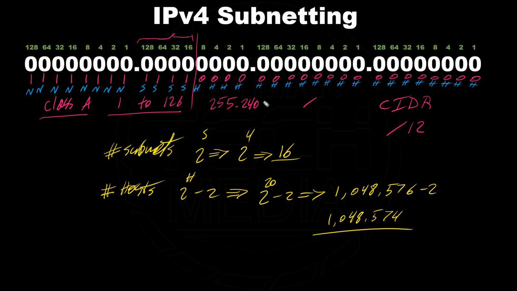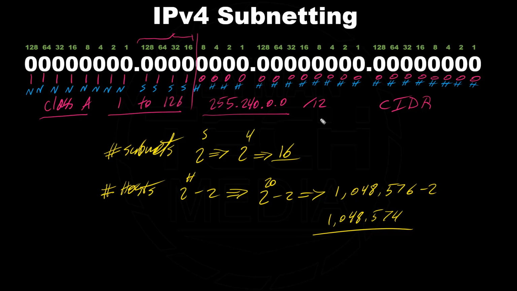That's 240. Dot, in this octet we have all 0, so dot 0 dot 0, and of course /12. So this would be our new subnet mask, and we know this is not a default subnet mask. 255.240.0.0 is the CIDR notation of 12.